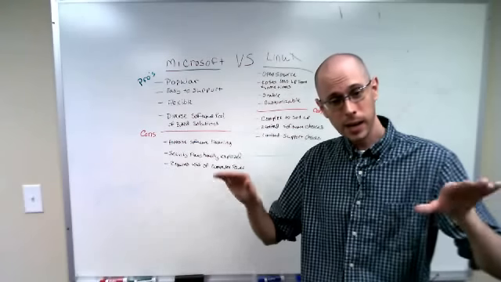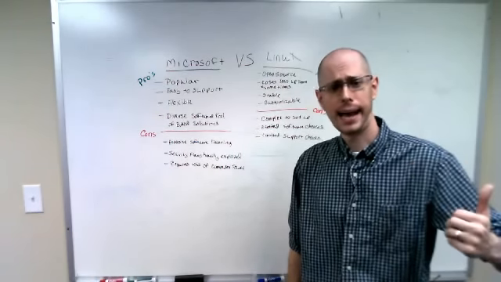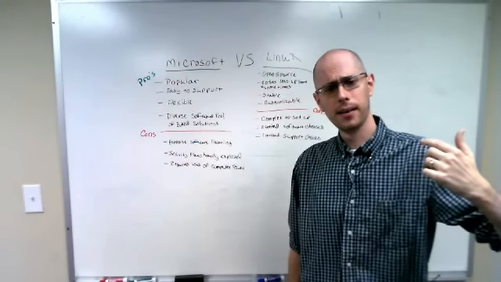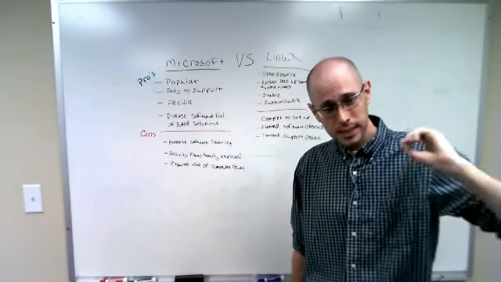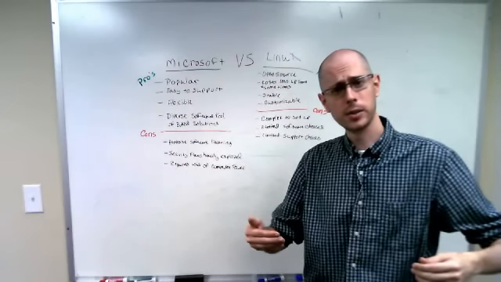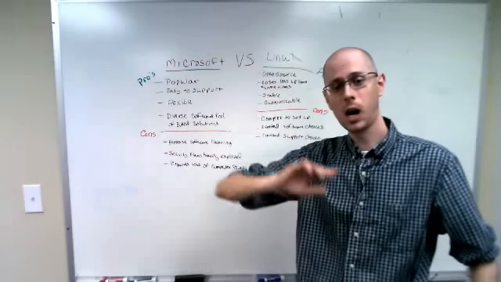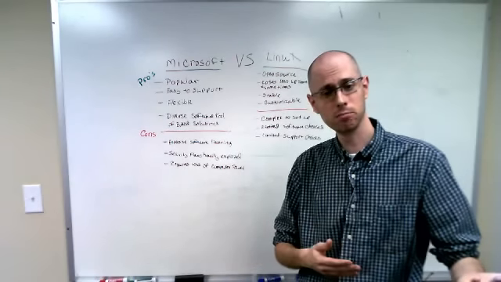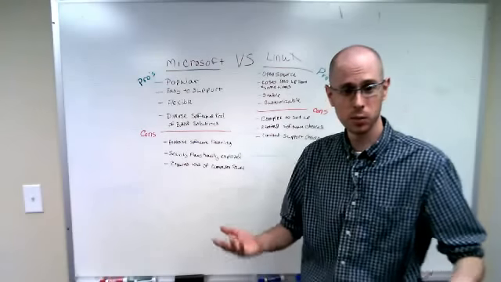But at the low end, if you're going to set up a simple web server, a LAMP stack running Apache and MySQL will push a website that is a simple little brochure site for a company, and it'll push that site at the same speed that a computer running IIS and Microsoft Server 2003 or 2008 would, but that Microsoft server would require all these licensing costs and all this computer hardware and overhead, whereas the Linux web server wouldn't require any of that. So there's advantages and disadvantages there. It just depends on what you're trying to accomplish.